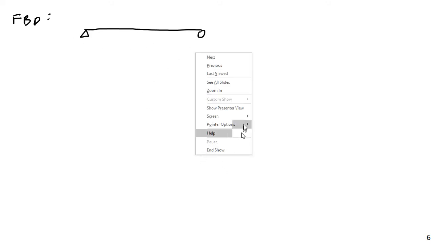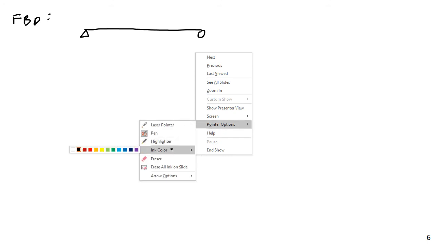And I'm going to have two reaction forces, and my two applied point loads. So I have my 10 kip force and my 8 kip force.